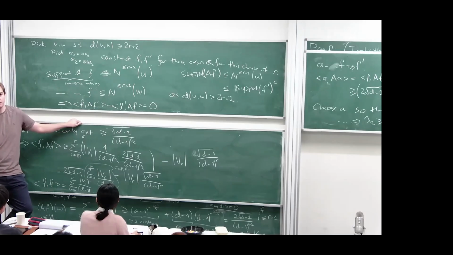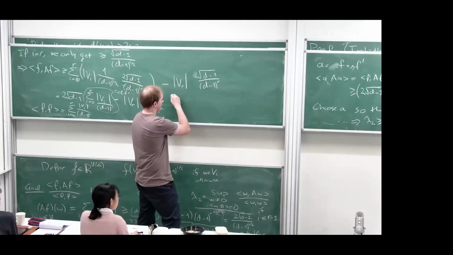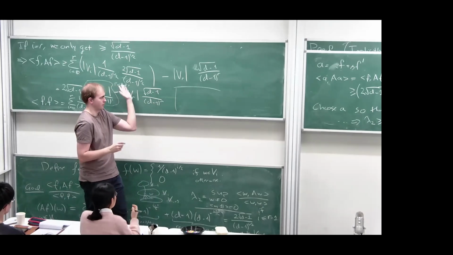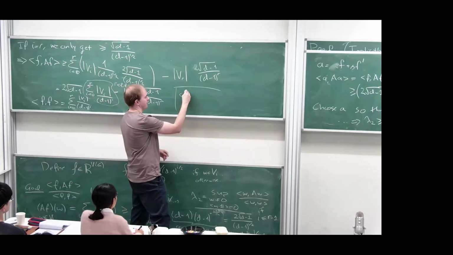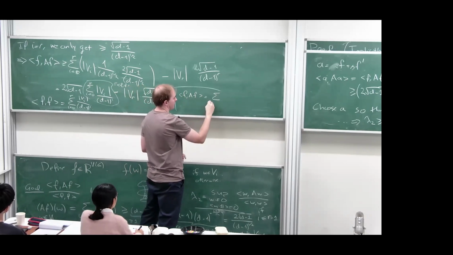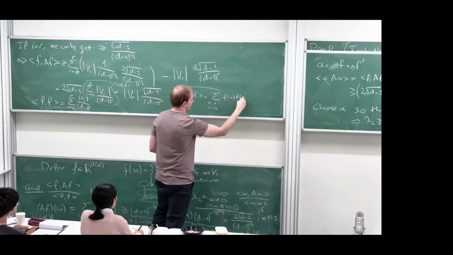The reason why we choose an edge is that, if we now look at the case when f is like this, what is f times Af? It's going to be the sum over u and v such that u is a neighbor of v of f_u f_v.